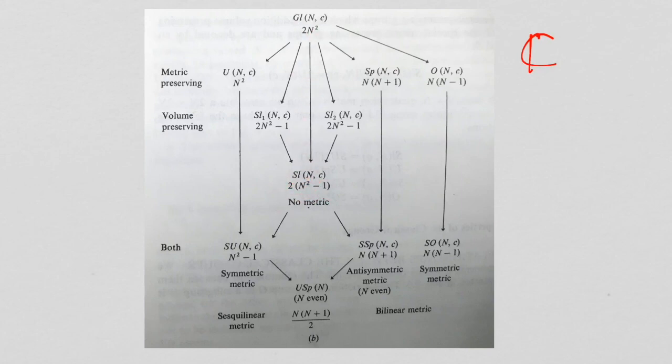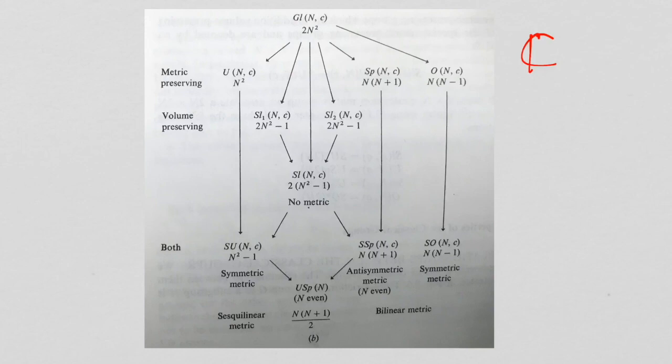It turns out there's two subgroups that are also volume preserving in a slightly different way, and we're not going to get distracted by them, but it has to do with the fact that the modulus of the determinant could be 1 in two different ways. But ultimately, for the special linear group, the number of degrees of freedom there is 2n squared minus 1, where we lose that because we're forcing the diagonal to be 1.